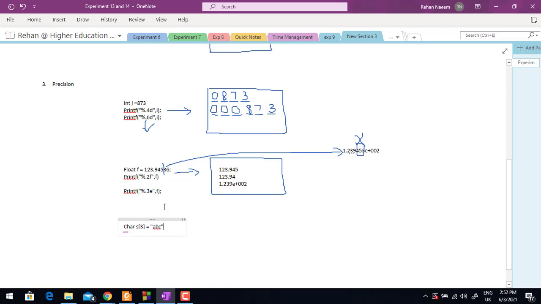Okay, if I write printf percentage point 2s, what will happen?